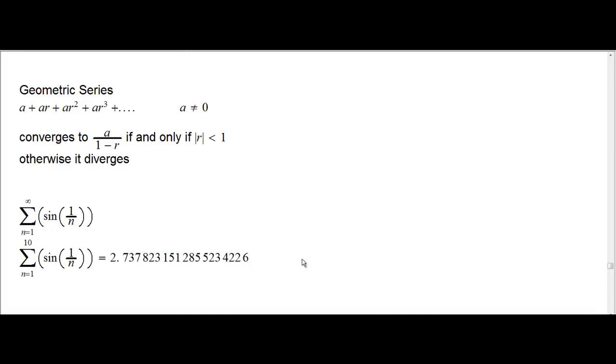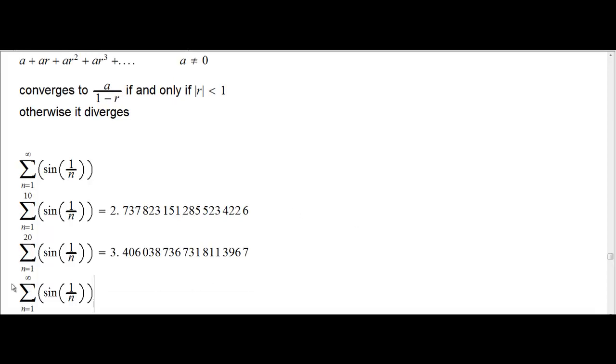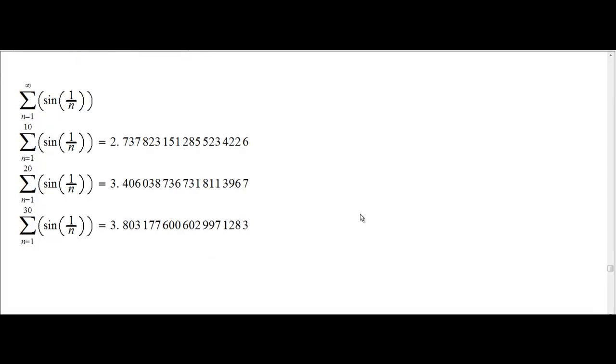It goes here, right? Say I added it to 20 terms. Well, it became bigger. Say 30 terms. Still it doesn't increase that fast, but it's still increasing, right?